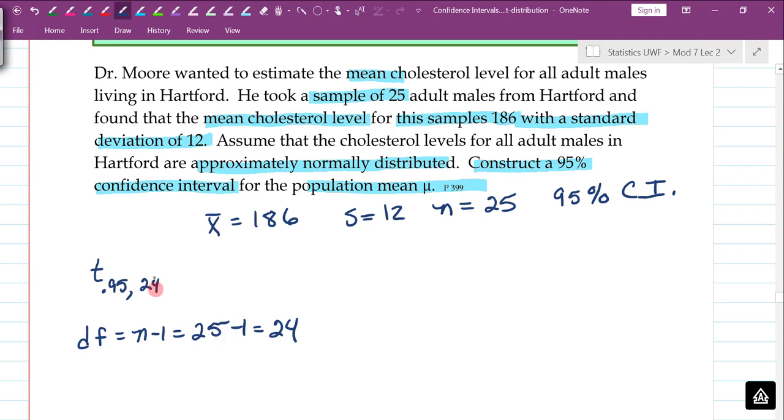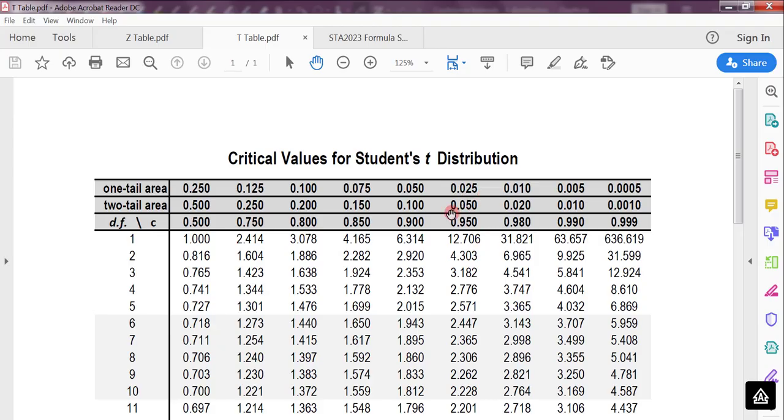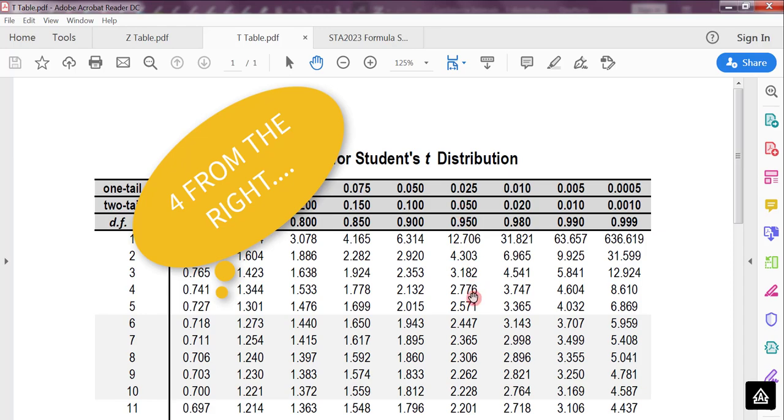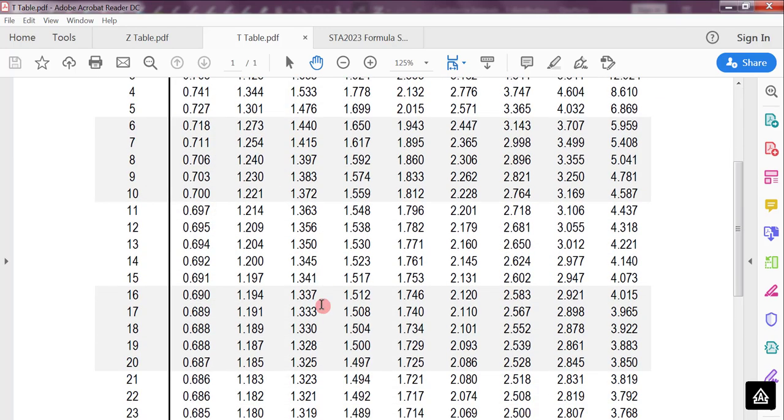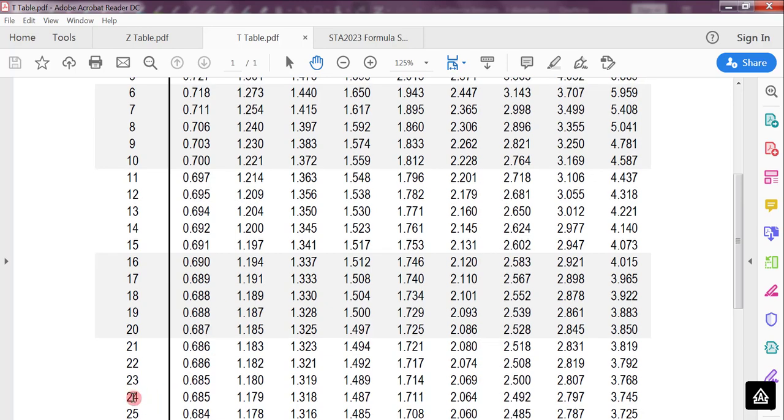So we're going to come over and look at our tables, and we're going to look at 0.95 and 24. So here's our 0.95. So it's 1, 2, 3, 4 from the left, and we're going to come down here to 24 degrees of freedom. I'm going to come all the way over here, and I'm going to go 1, 2, 3, 4. So this is my value right here, which is 2.064.